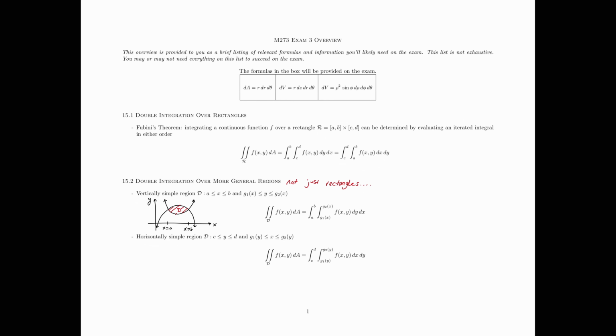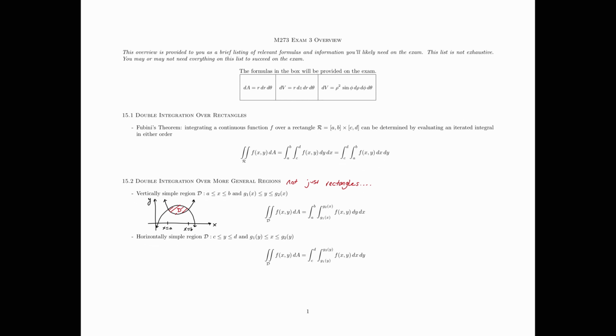But then, if we're at some arbitrary x value between a and b, what does y range between? Well, y ranges between whatever this y value is. And what is that y value? Well, it depends on what this lower curve is.